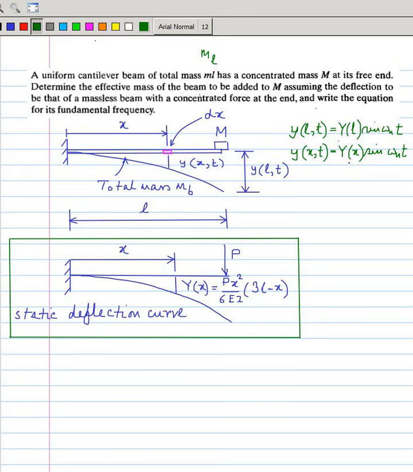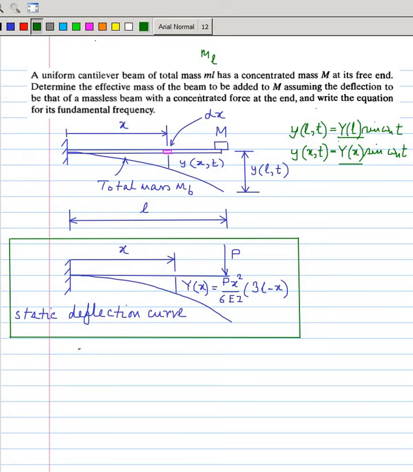That means this y(x) has to be represented in terms of this y_L. So how can we do it? We take the static deflection curve of a massless beam with a concentrated force at the end, and this is the equation of the static deflection curve.